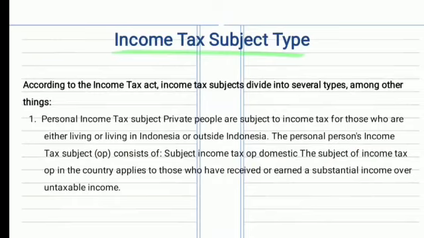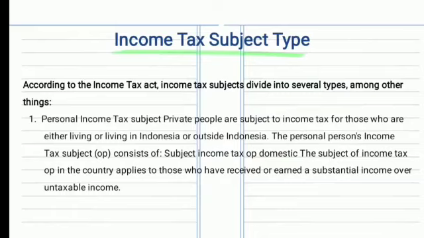Income tax subject type. According to the Income Tax Act, income tax subjects are divided into several types. Among other things, 1. Personal income tax subject. Private people are subject to income tax, whether living in Indonesia or outside Indonesia.